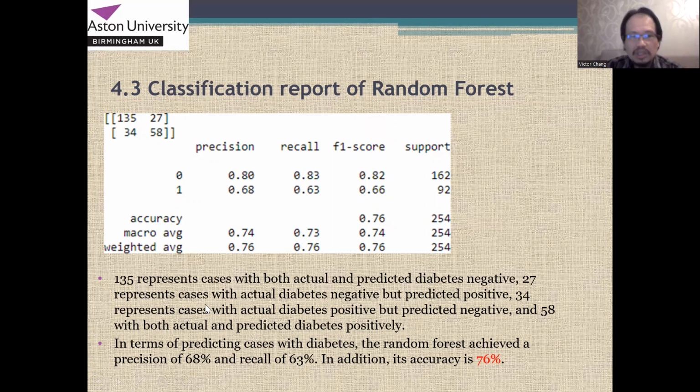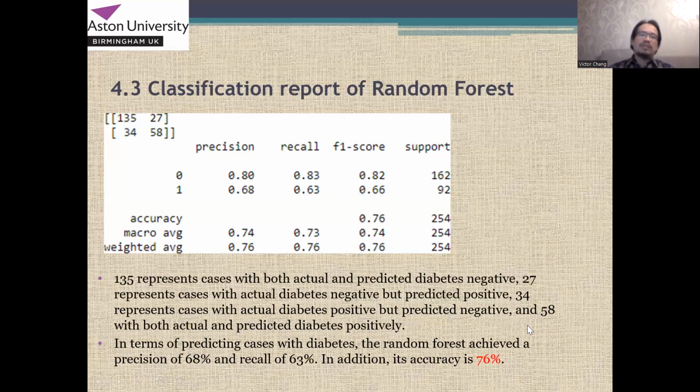So in this case, the summary is that there are 135 cases with both actual and predicted diabetes negative, 27 cases with actual diabetes negative and predicted positive, 34 cases with actual diabetes positive and predicted negative, and 58 with both actual and predicted diabetes positive.